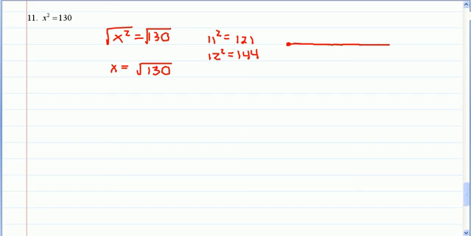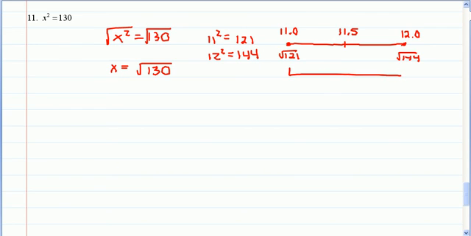So I make a number line, and I have the square root of 121 on the left, the square root of 144 on the right. The square root of 121 is 11.0, the square root of 144 is 12.0, and then in the middle I have 11.5.